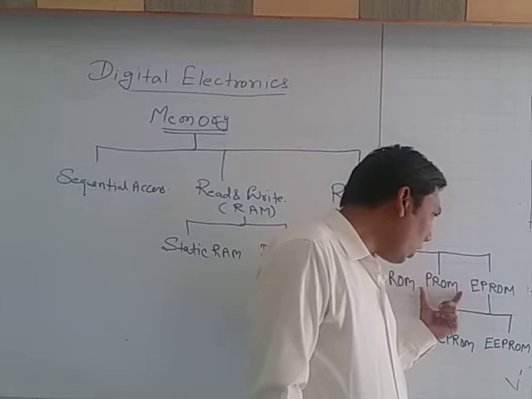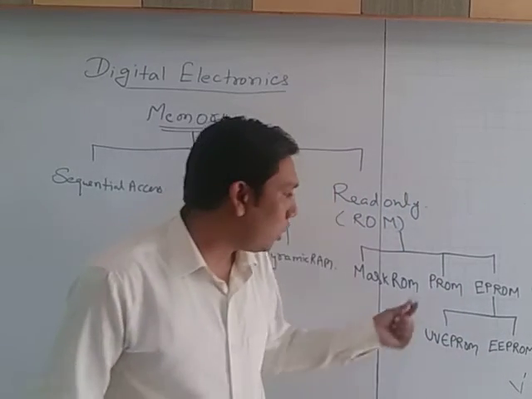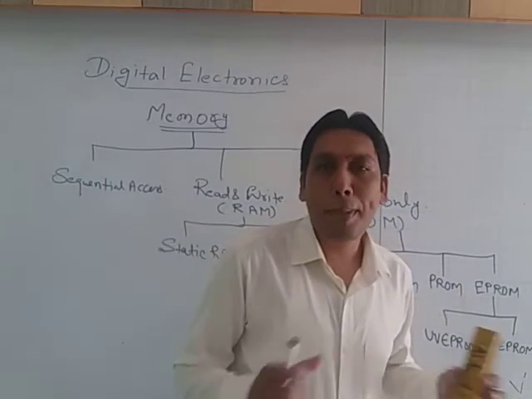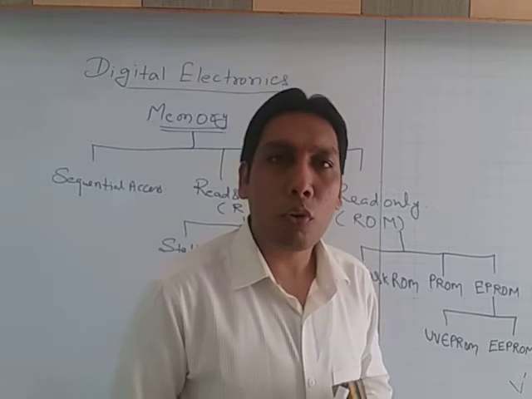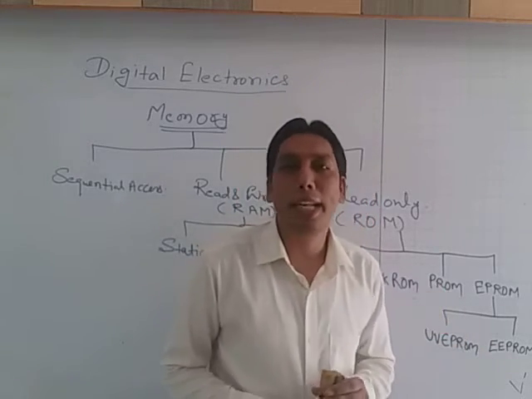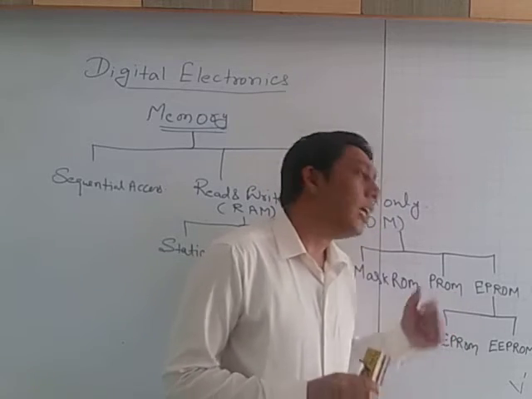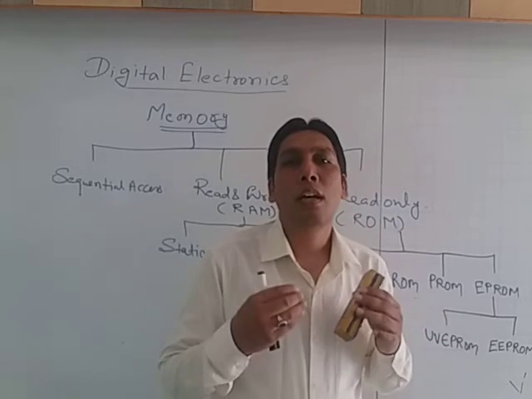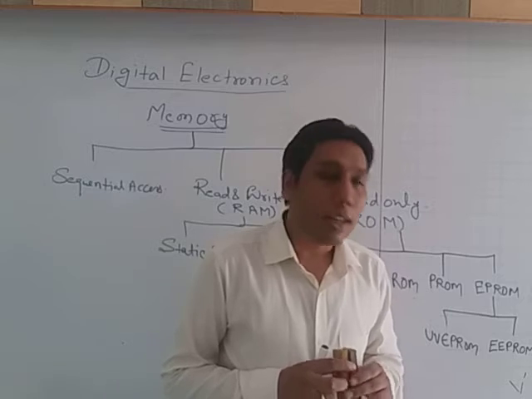The second one is programmable read-only memory, or PROM. PROM is that type of ROM which can be programmed, as its name indicates. That means the data can be entered by the user.